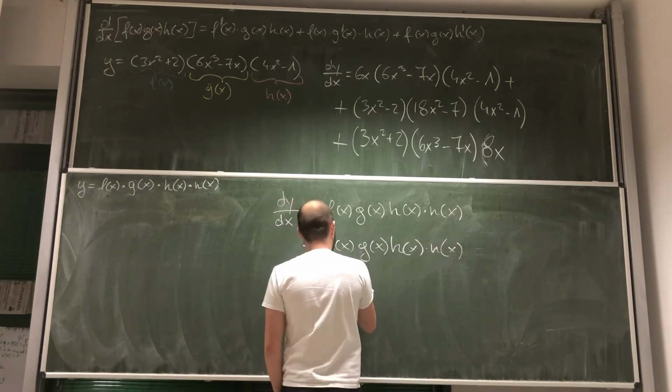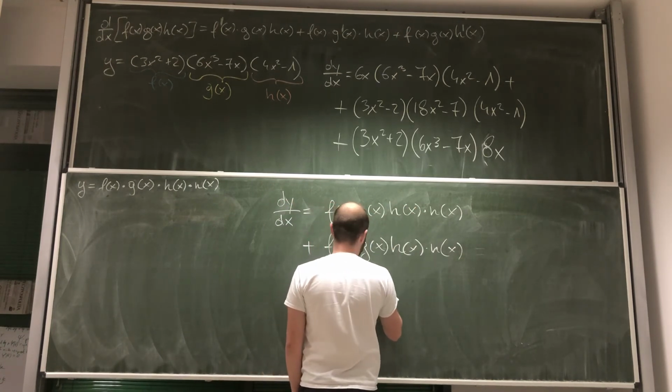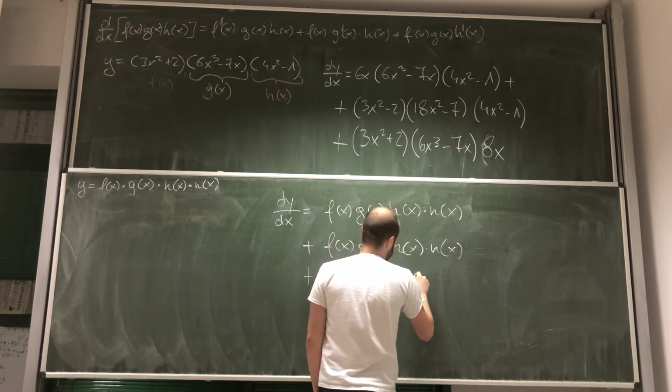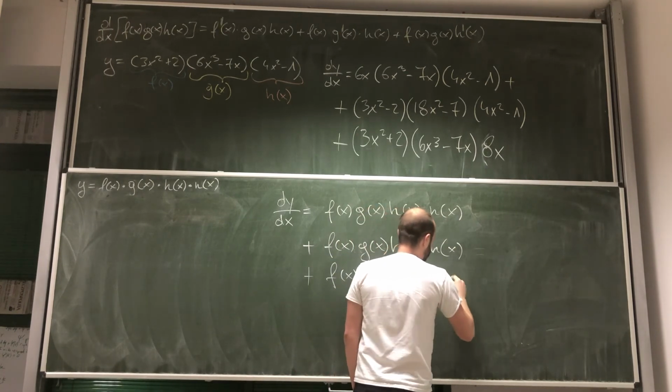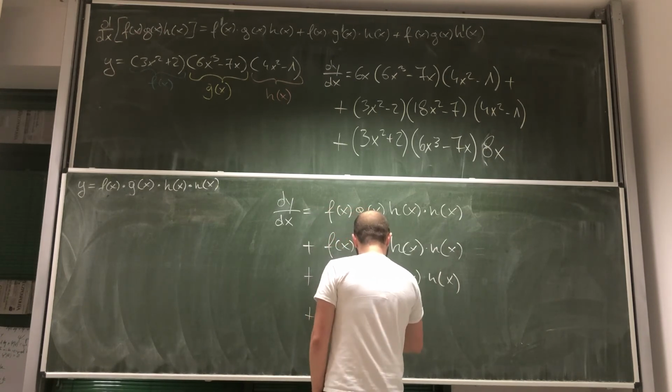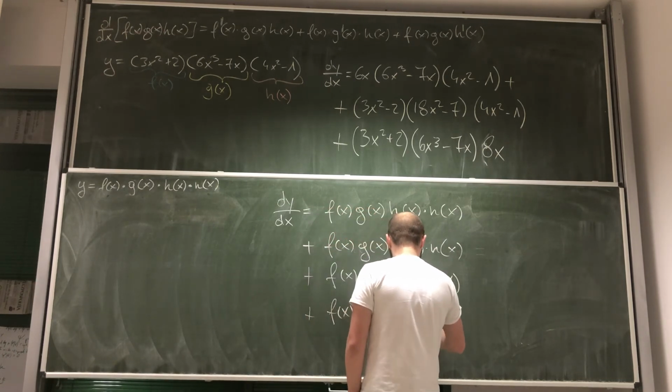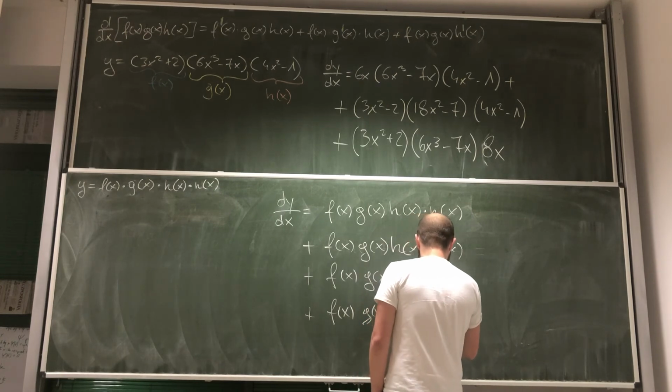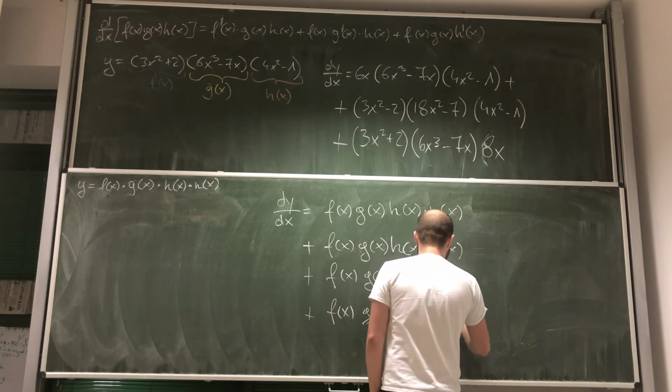And 2 more times. f of x times g of x times h of x times n of x, then plus f of x times g of x times h of x times n of x.